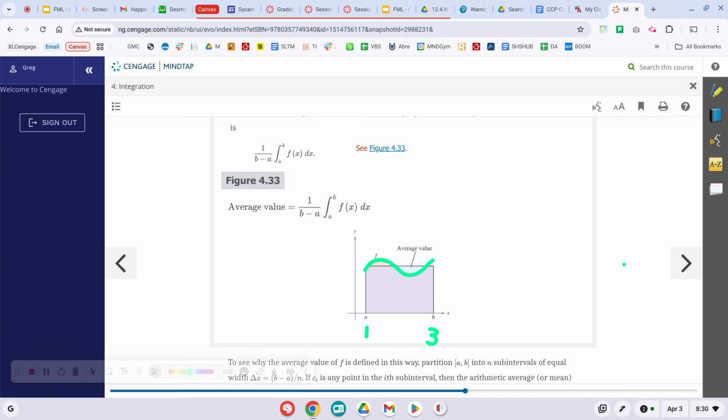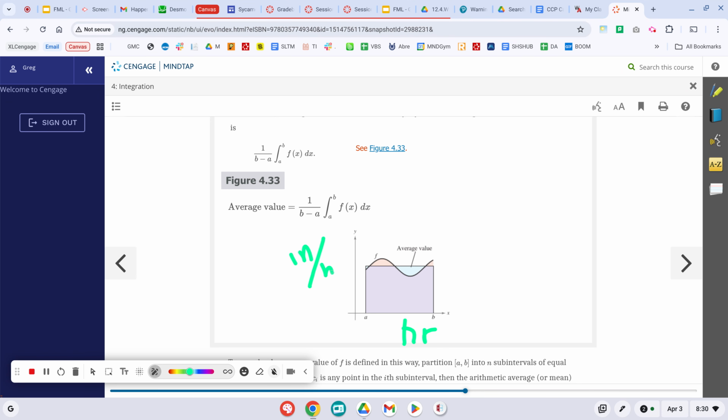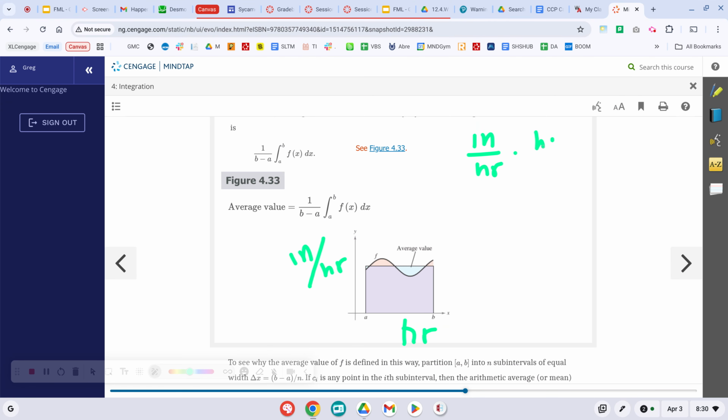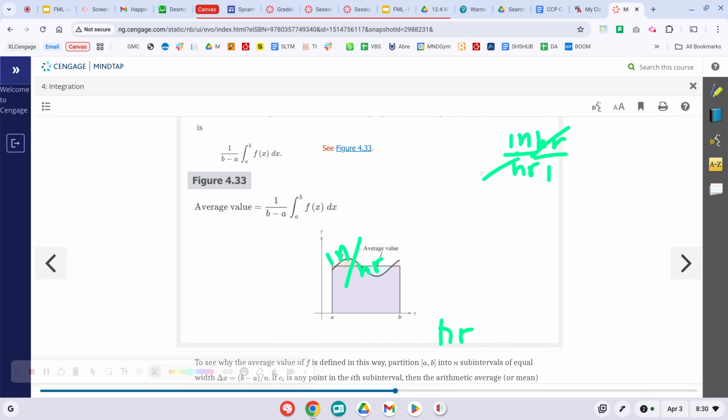So if on this axis we had inches per hour, oh no, this is hours, excuse me. If down here we had hours, why won't this work right? Hours. And up here we had inches per hour. And we're finding the area under that. If you do inches per hour times hour, you get inches.